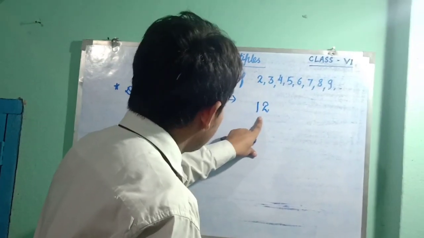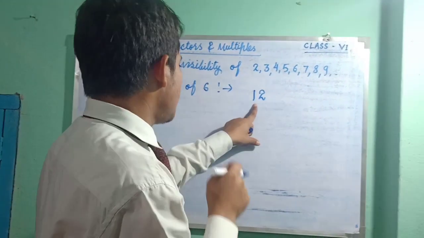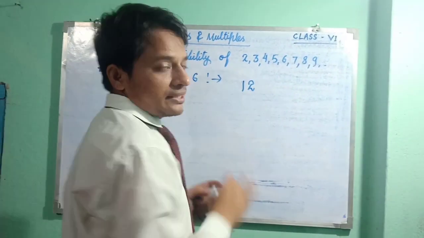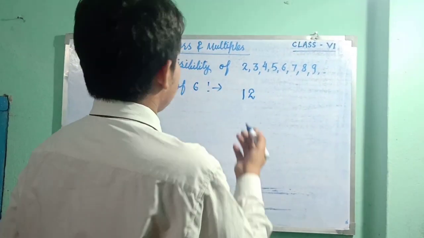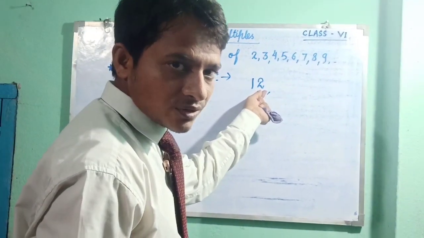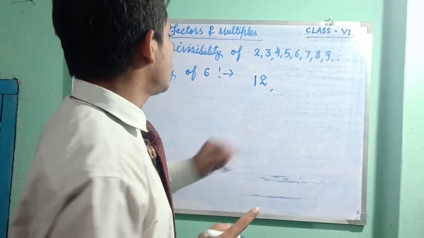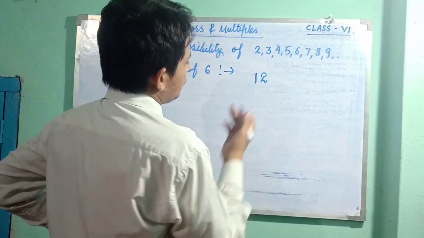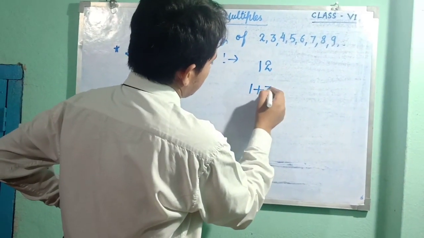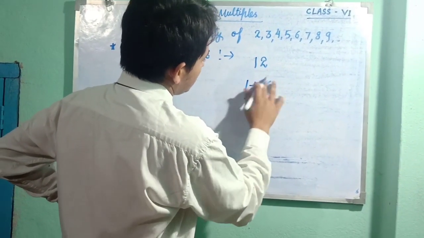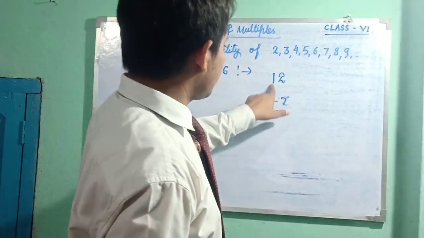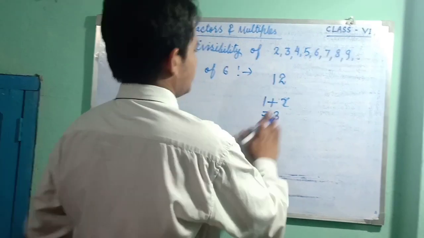If this number is divisible by 2 as well as 3, then this given number is also divisible by 6. It is divisible by 2, because the ones place is 2. Very good. Now check for divisibility by 3. Yes, it is divisible by 3, because the sum of its digits is 3, and 3 is divisible by 3. So the given number is divisible by 6.